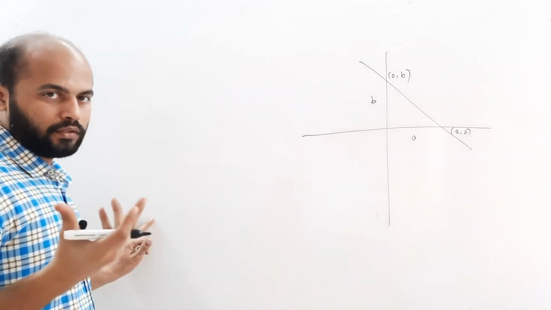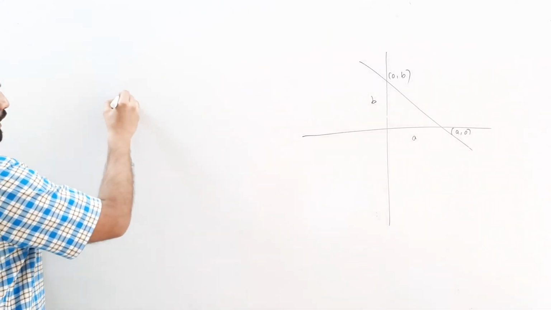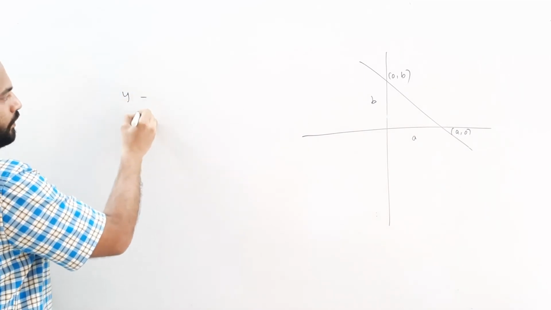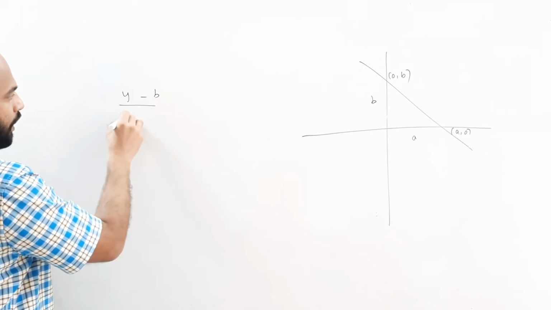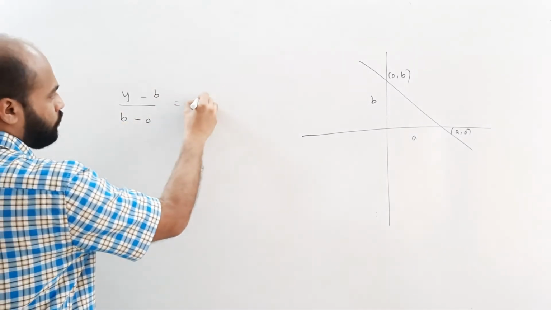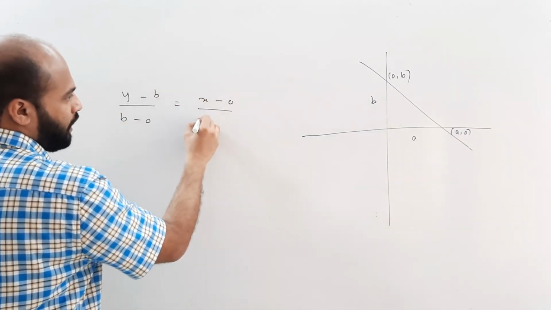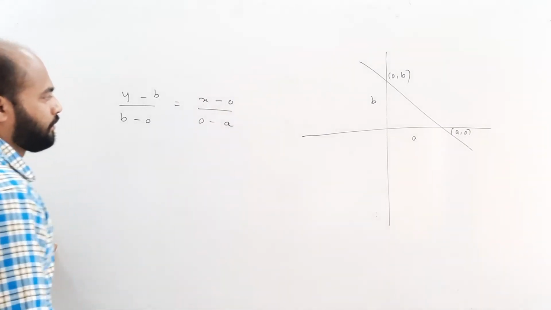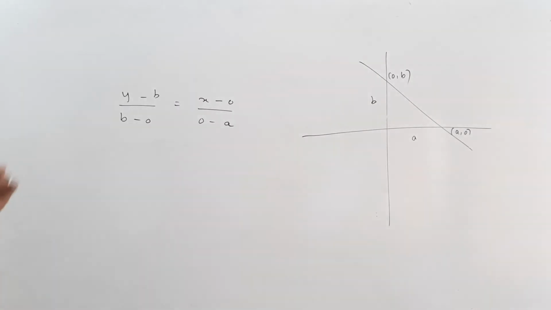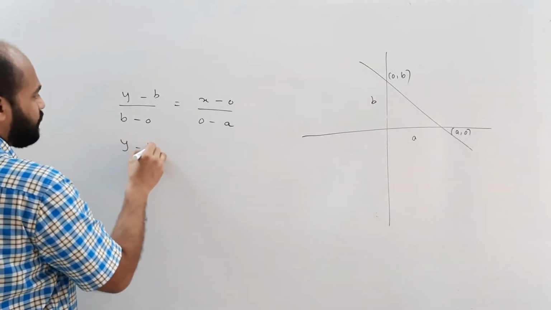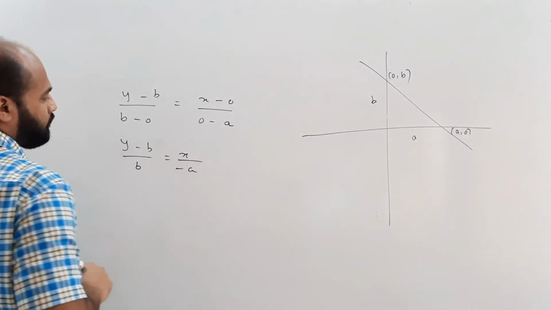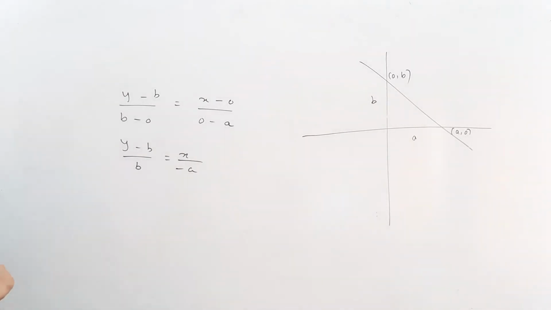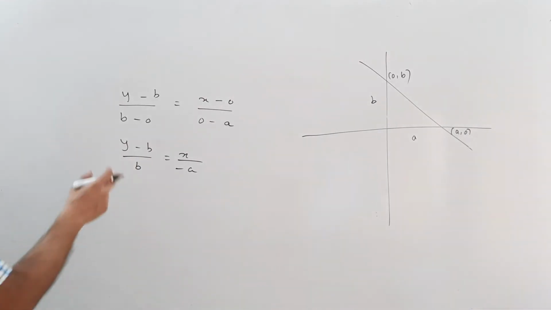So going by the 2-point form, I am going to write it as (y minus b) by (b minus 0) is equal to (x minus 0) by (0 minus a). So I have used the 2-point form over here to derive this. So (y minus b) by b is equal to x by minus a. That's what I get. So let's multiply this.